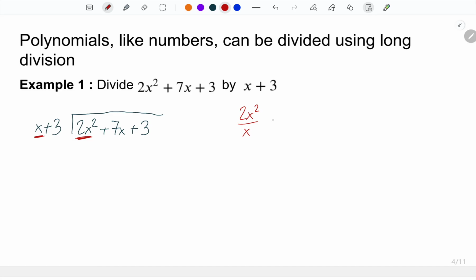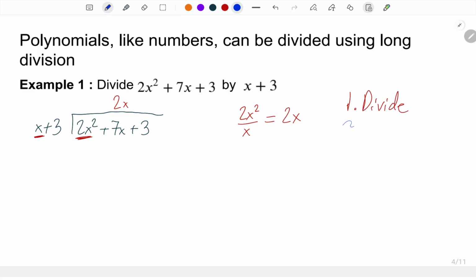So I'm just going to do 2x squared divided by x. And what is that? Well, it's just regular division. So x squared will cancel with an x and leave you with a 2x. And so I'm just going to write that above the term with an x already, just to line things up, keep things with the same exponents vertically aligned. Okay, so that is the division step.